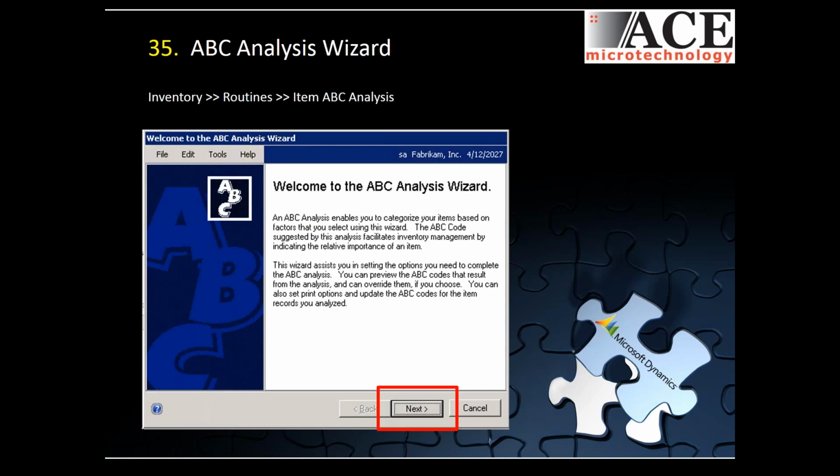All right, this is something that I don't see a lot of people using, and I really like this tool. If you're a heavy inventory user in Dynamics GP, in order to really control your inventory and the bulk of your items from a count perspective and a value perspective, there's an ABC analysis wizard where you can flag your inventory items as having an A, B, or C category, or no category at all.